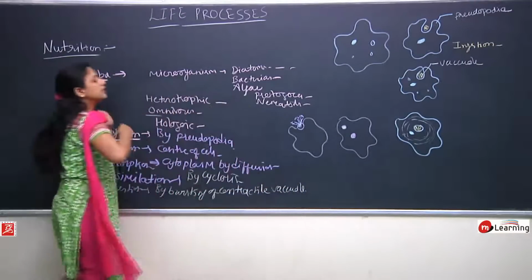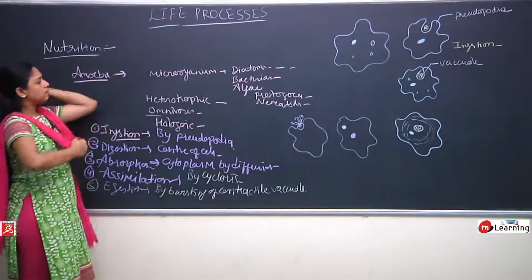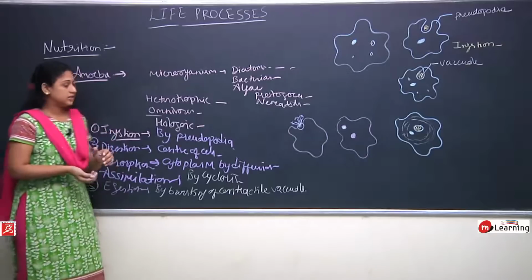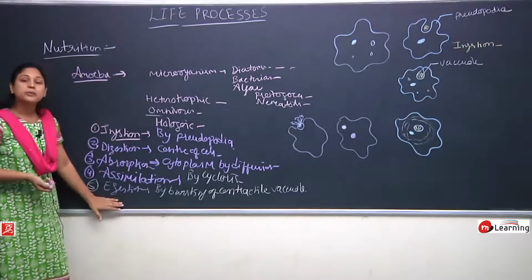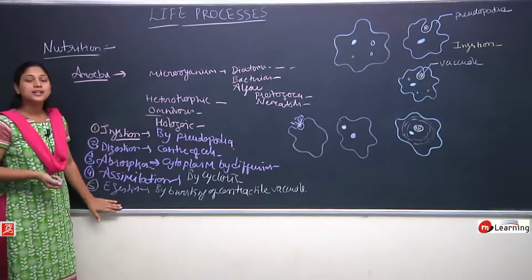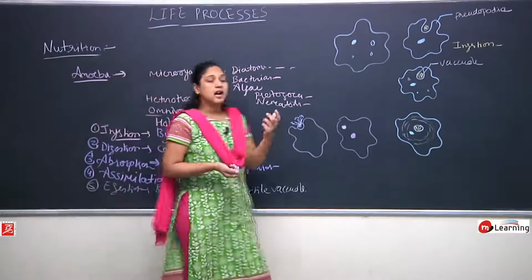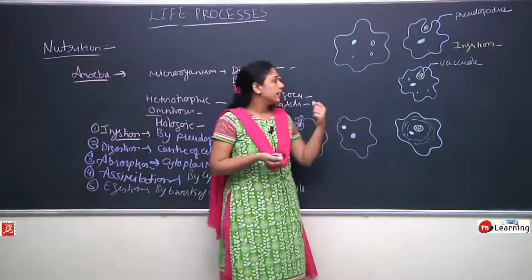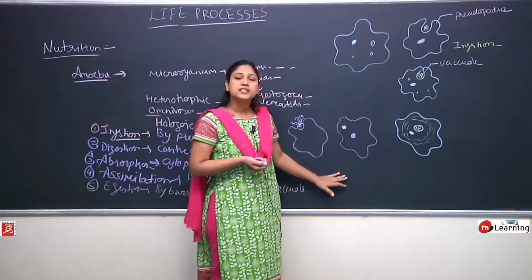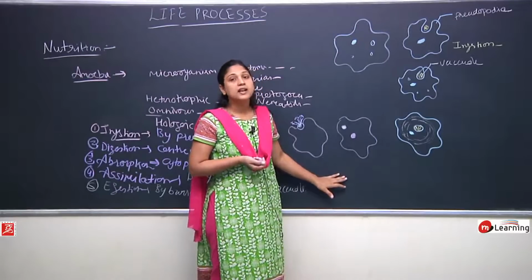So in these processes an amoeba takes up its nutrition, and these are the processes involved in digestion. We have now seen how amoeba derives its nutrition and then its energy.